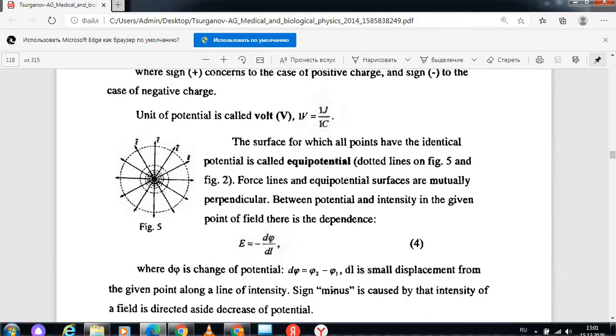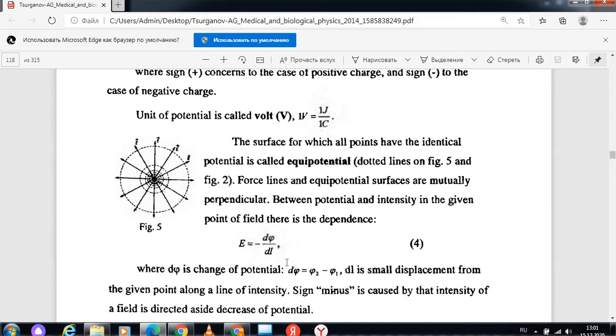Where is your differential phi? Yes, the phi is a change of potential. Differential phi is phi2 minus phi1. dl is a small displacement from the given point along the line of intensity.